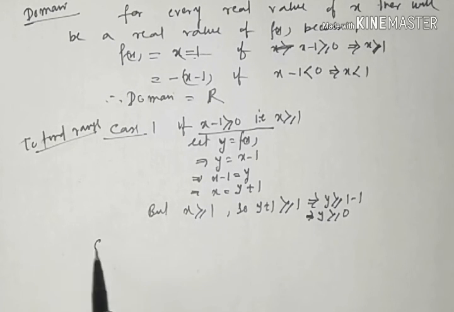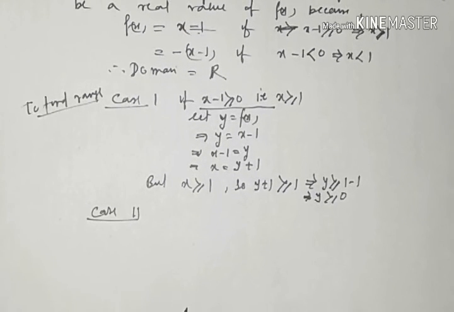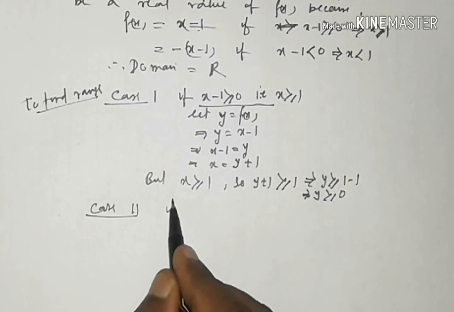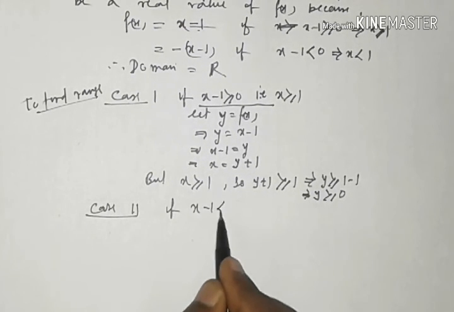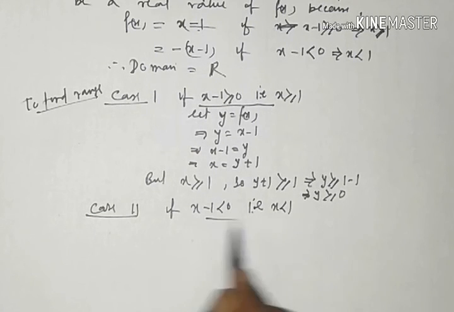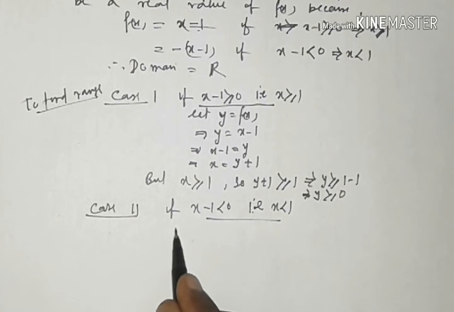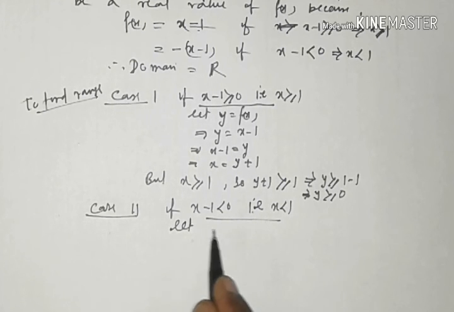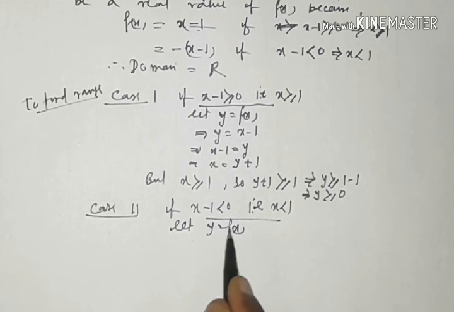Now case 2: if x - 1 is less than 0, that is x is less than 1. In this case also let y = f(x).